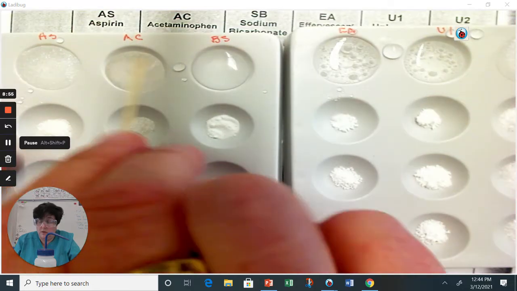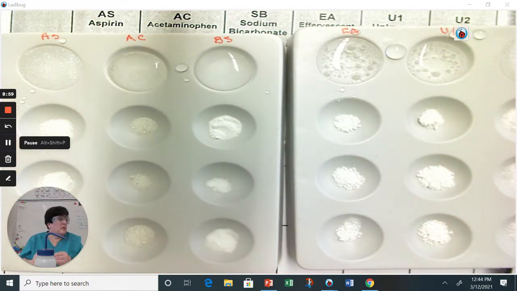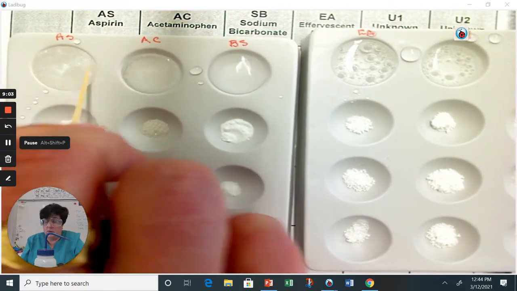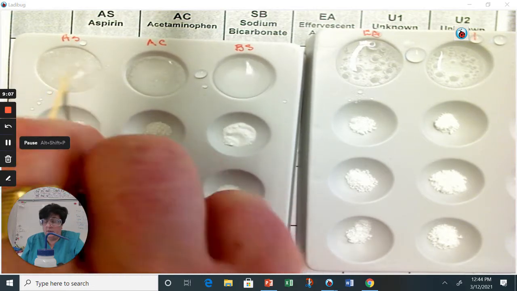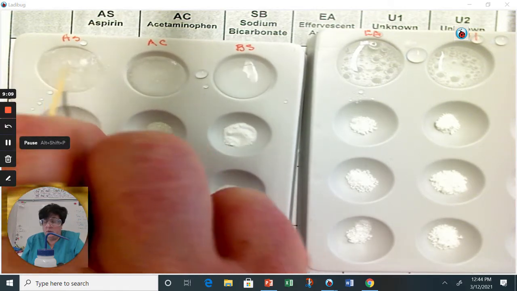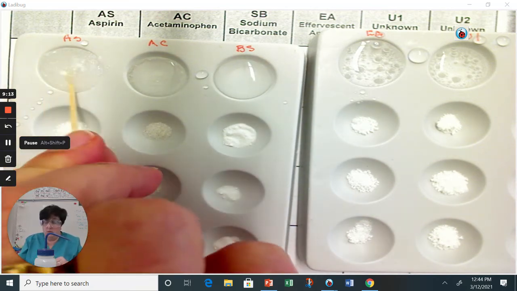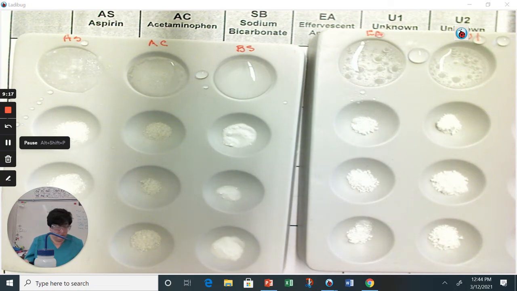Remember, this is acetaminophen. And this is aspirin. Ooh, chunky, clumping together, not very soluble. Oh, get back in there. Okay.